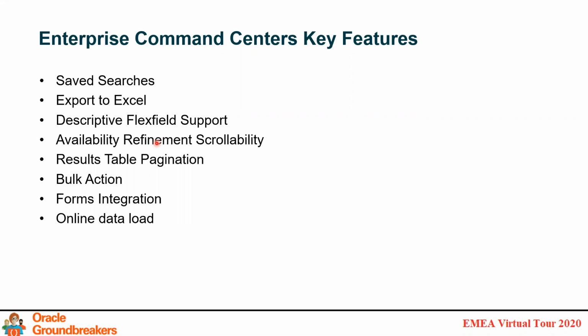So the forms integration is with the Oracle core forms as well as the self-service pages. And online data load, I will touch base on this topic later when I go through how to load the data. The ECC doesn't bring the data directly from the database. It uses the metadata, so that way we don't put any load on the Oracle EBS database.